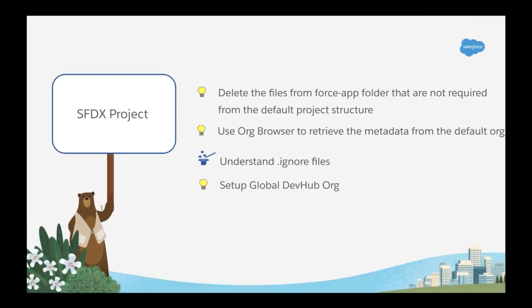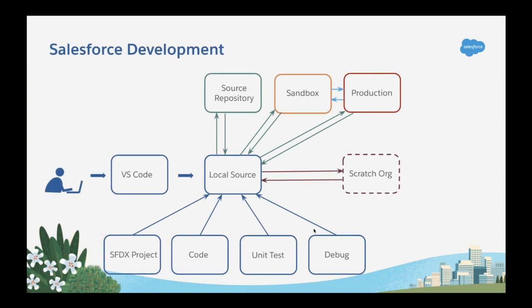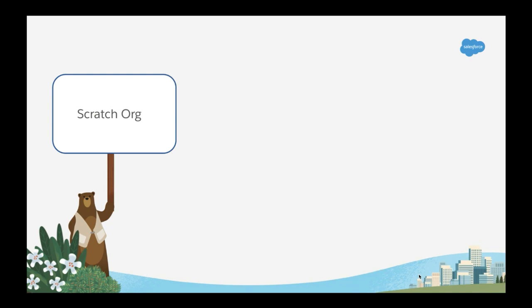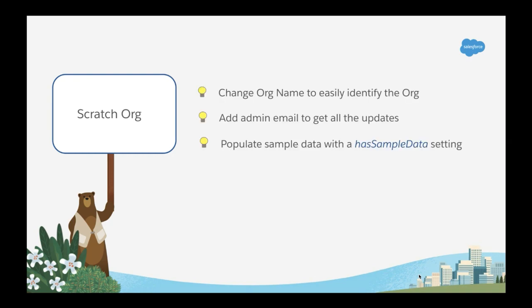That's great. Now what next? We are going to see the tips and tricks related to the scratch org. It's always a good practice to create the scratch org definition in such a way that the scratch org will be easily manageable. Some tips for creating the scratch orgs are: you can change the org name so that you can easily identify the scratch org.